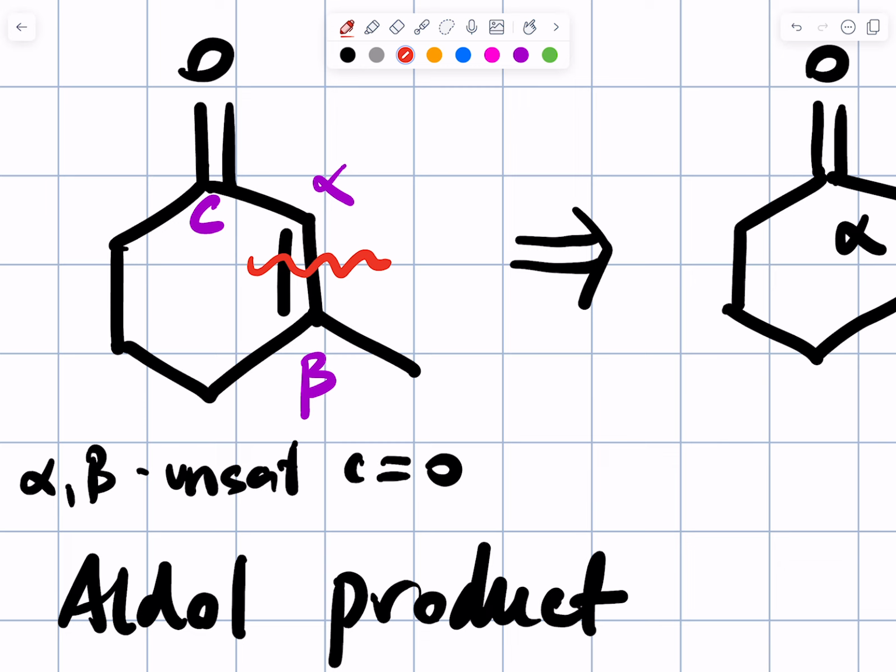The pi bond and the sigma bond between alpha and beta carbons were made in the aldol reaction. This side used to be the enolate, and that side used to be the carbonyl carbon. Where's the carbonyl oxygen? It's not there anymore. We lost it in that E1cB dehydration reaction.